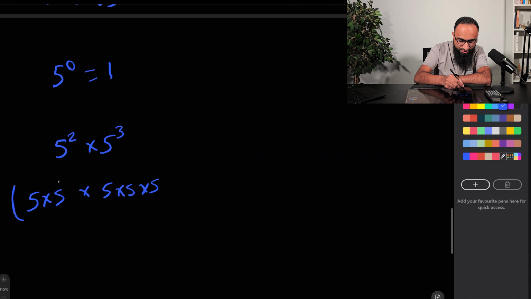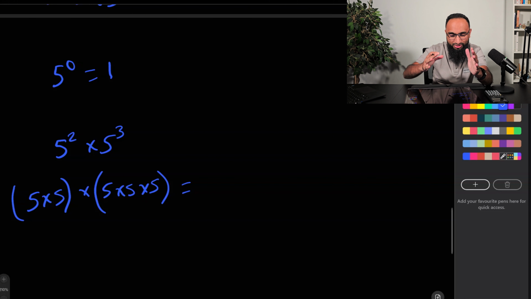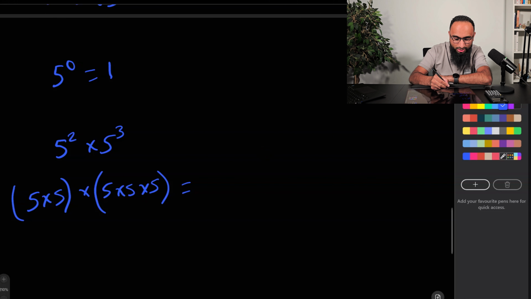So we've got 2 lots of 5s here and 3 lots of 5s here. Well, we know that is simply 5 lots of 5s. So not 5 times 5 as in 25, but it's 5 times 5 times 5, like 5 times in total. So we know that that is the same as saying 5 to the power of 5, right?